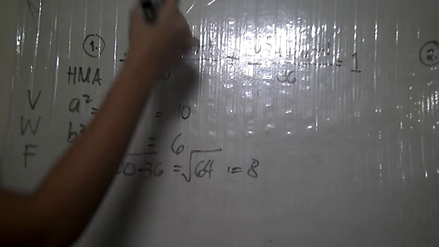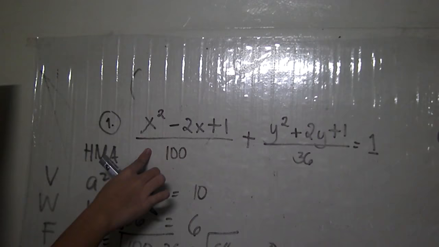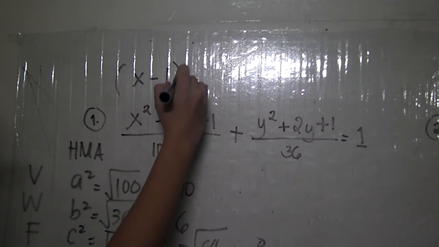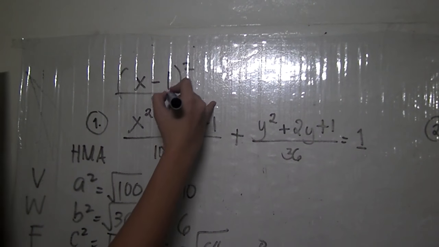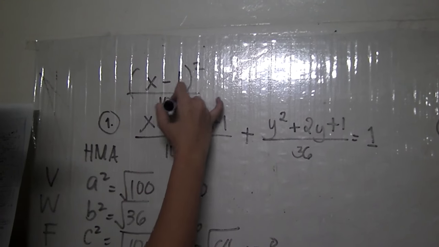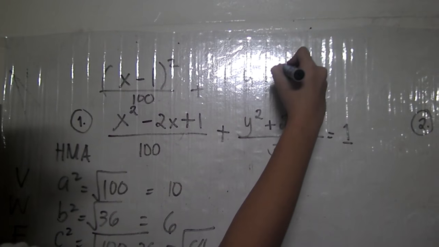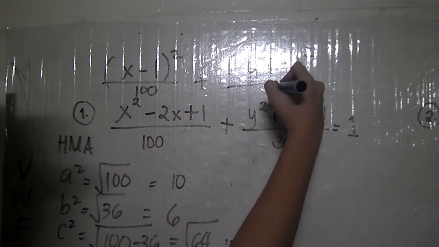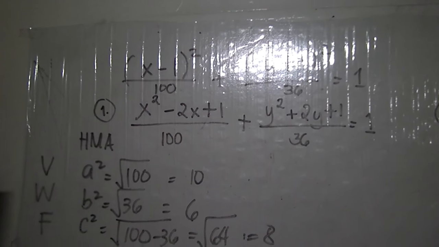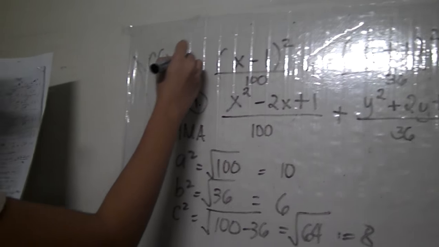If we factor this equation, it is going to be (x minus 1) quantity squared over 100, plus (y plus 1) squared over 36 equals 1. Then the center is positive 1, negative 1.